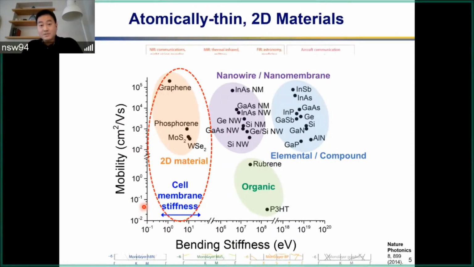It's quite surprising that these 2D materials, just because of their thinness, are now approaching that of biological systems when it comes to bending. Of course, in terms of stretching, it's still very, very stiff. So in-plane stretching is very difficult, but out-of-plane bending is very easy.